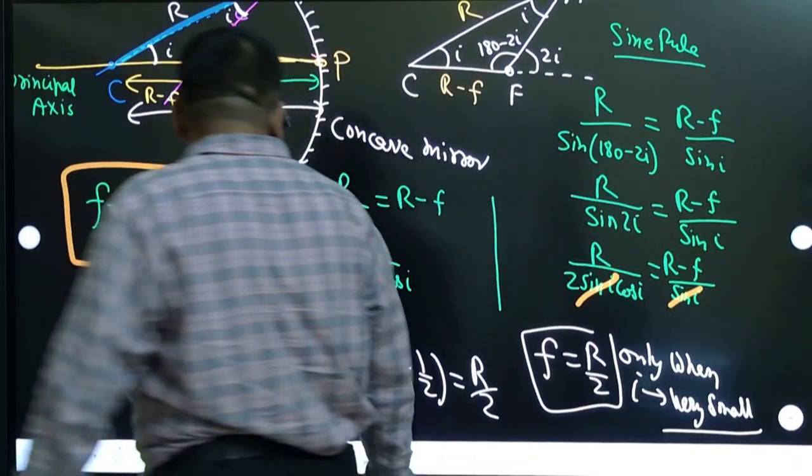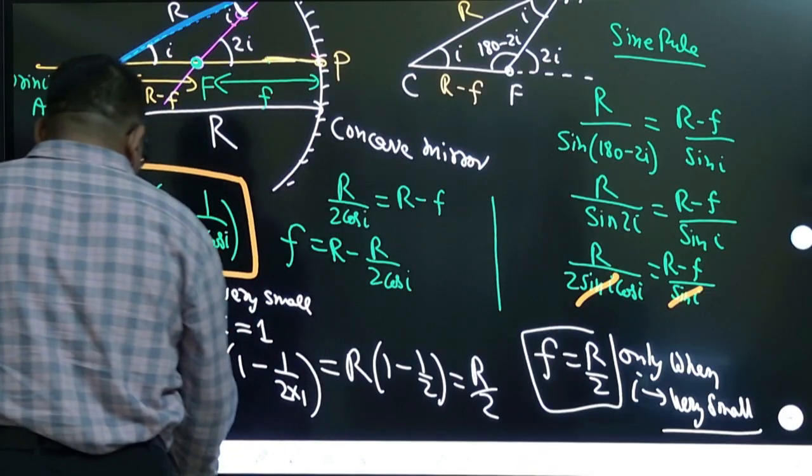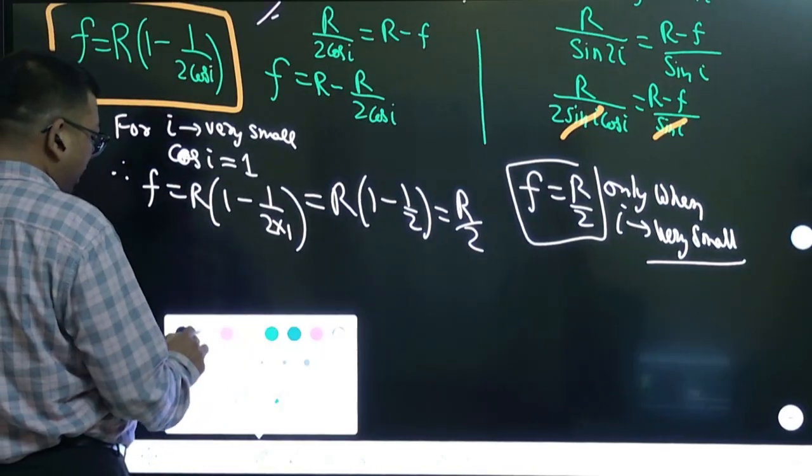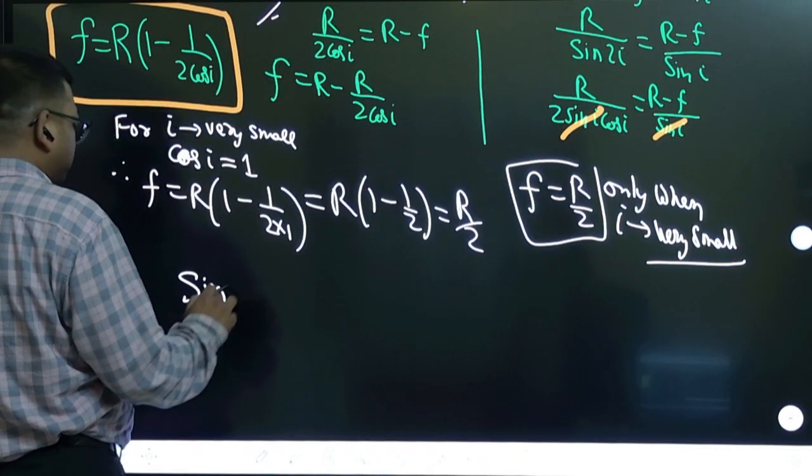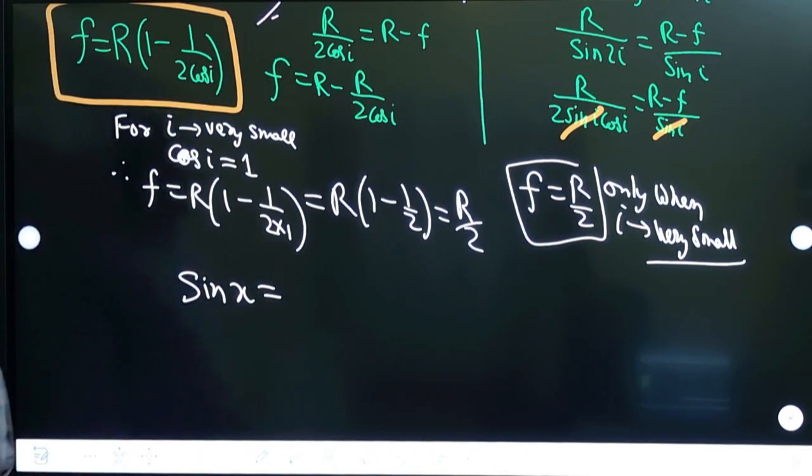Just wait 1 minute. Tell me the expansion of sine theta, or sine x. Tell me the approximation of sine x. Have you studied that? Expansion of sine x. Maclaurin's theorem.